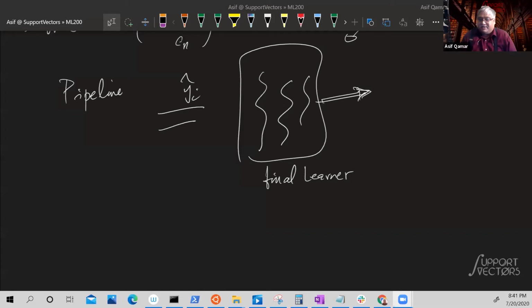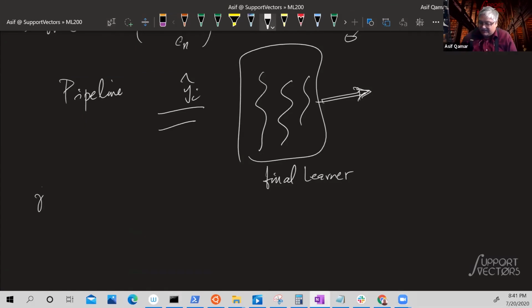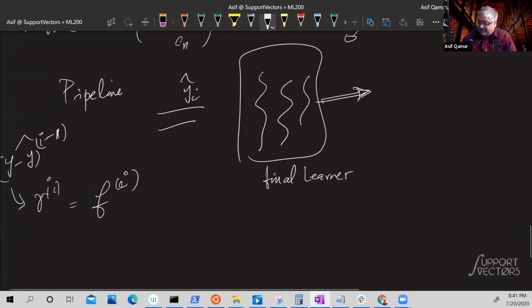But in very simple terms, we are building a model where the residuals from the previous model let us create the next model. The residuals that came from y minus y_{i-1} hat, which is this residual plus error.